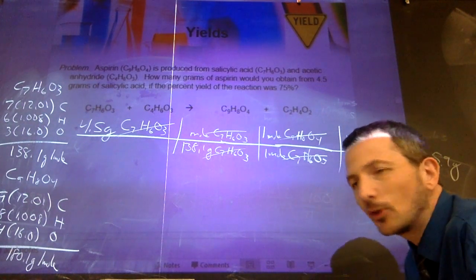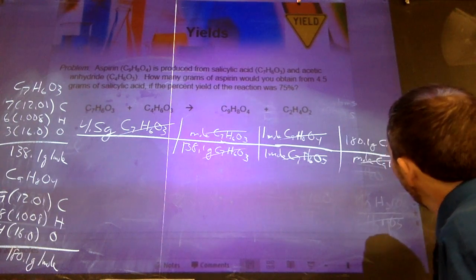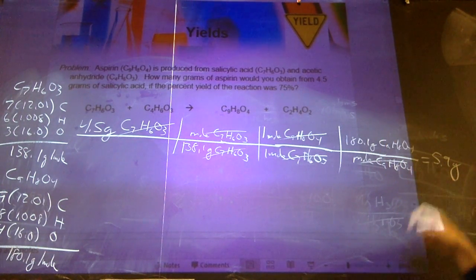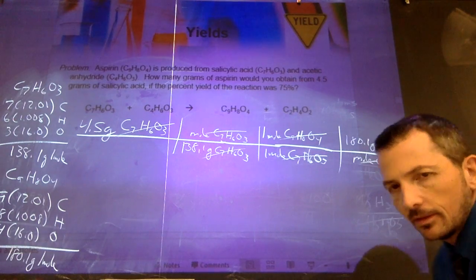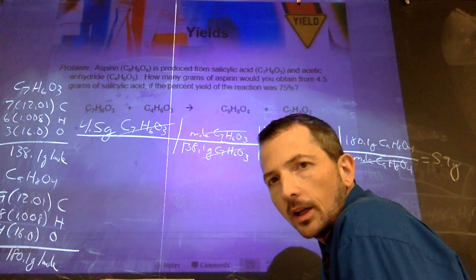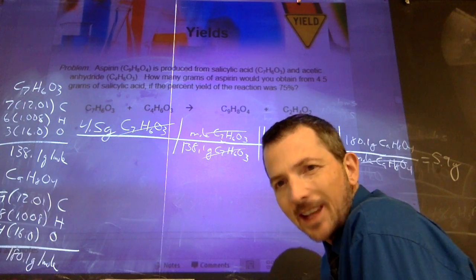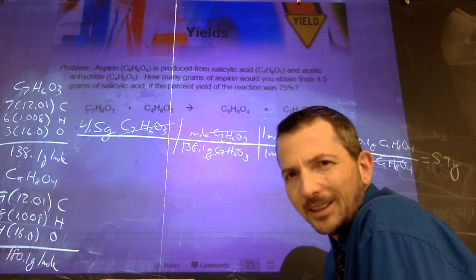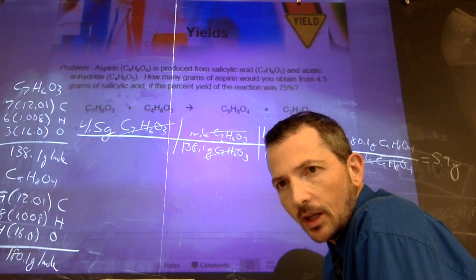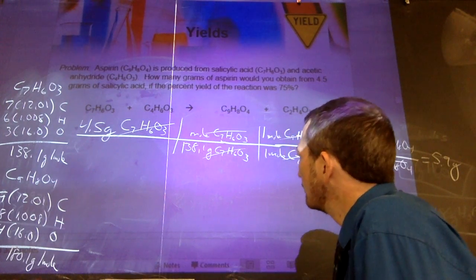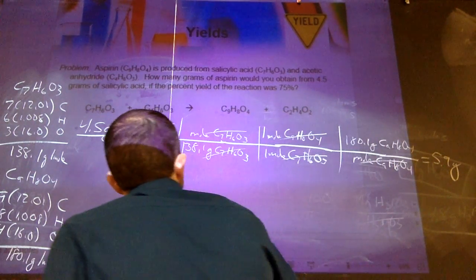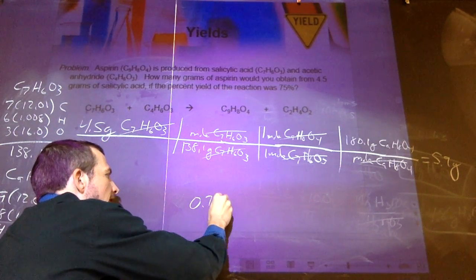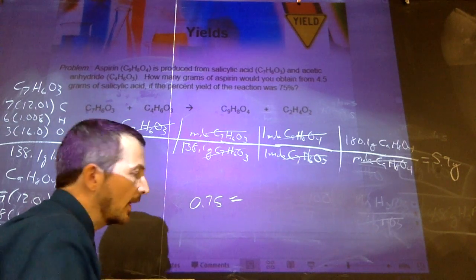So I get that if the 4.5 grams of salicylic acid react completely, I get 5.9 grams of aspirin. Okay. Now I go into this lab and actually do this reaction, I only get 75%. So basically I'm going to take 75% of my 5.9. So percent yield, which is 75%. Decimal form, that'd be 0.75.